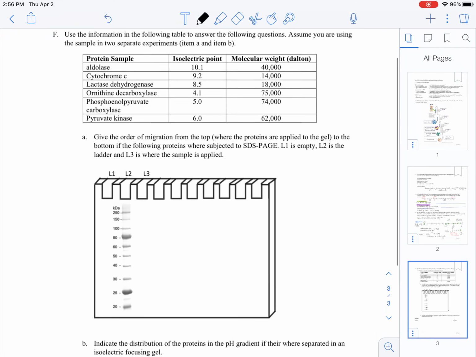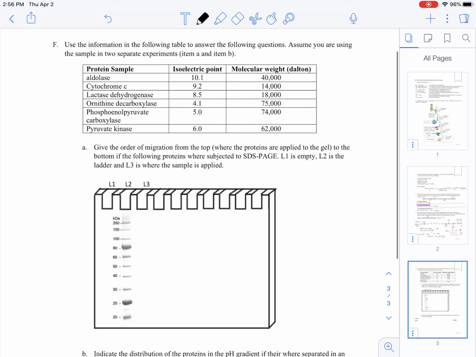So if we have a closer look at what the question is asking, you're going to utilize the information of the table. We're basically going to be utilizing part A. We're going to give the order of migration from top to the bottom of the gel in SDS-PAGE.